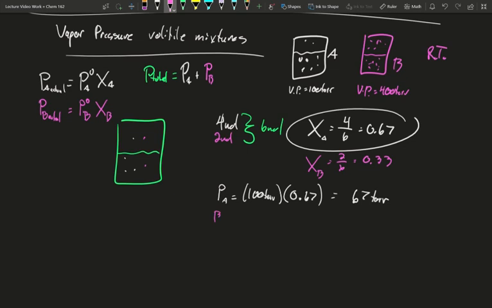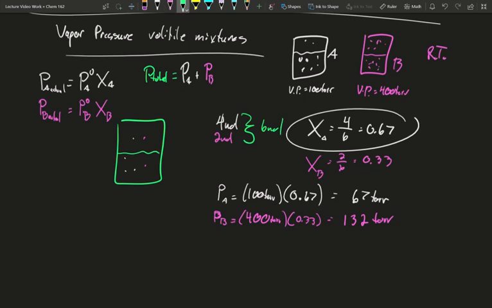For compound B, well, it normally was 400 torr, and it's only 0.33. So it's going to get 1/3 of that, or about 132 torr. So because compound B was 1/3 of the mixture, it got 1/3 of its vapor pressure. Because compound A was 2/3 of the mixture, it got 2/3 of its vapor pressure.